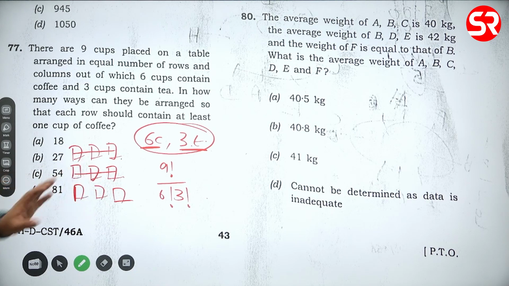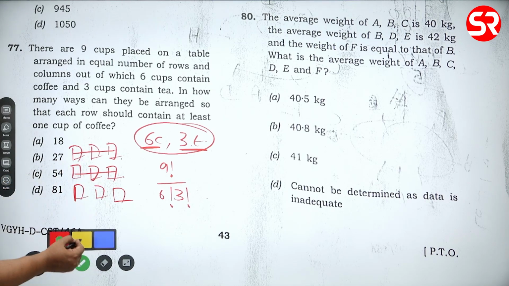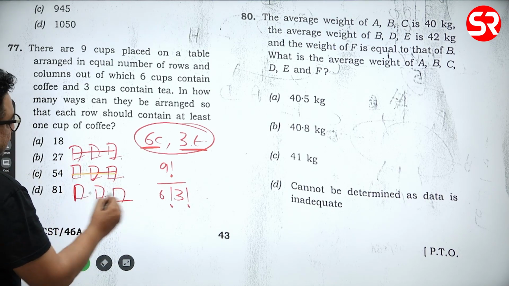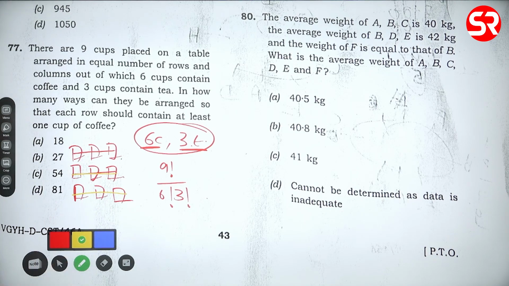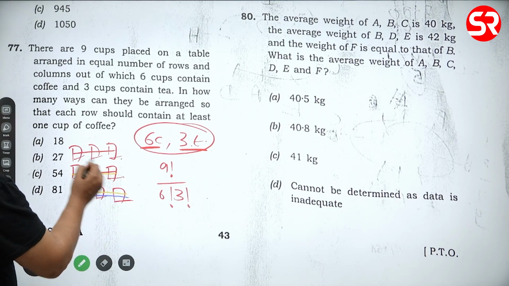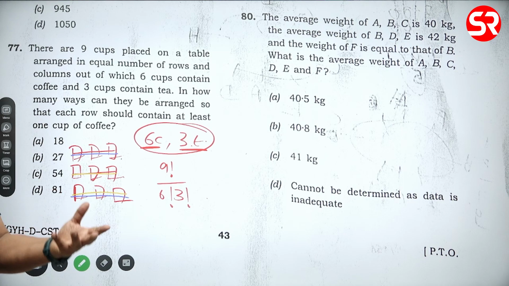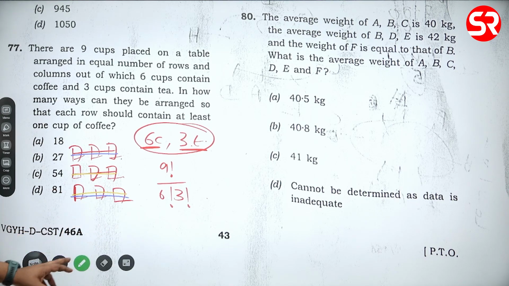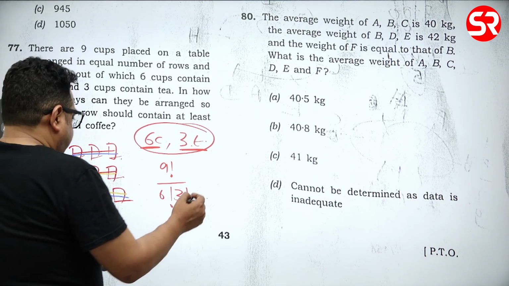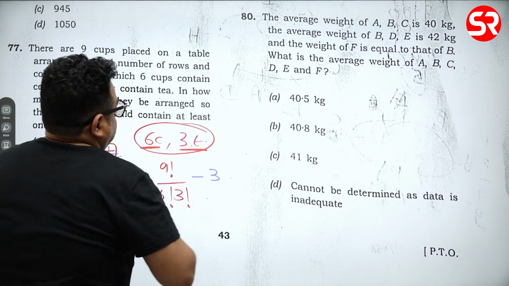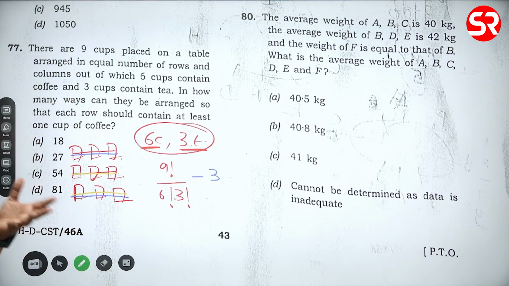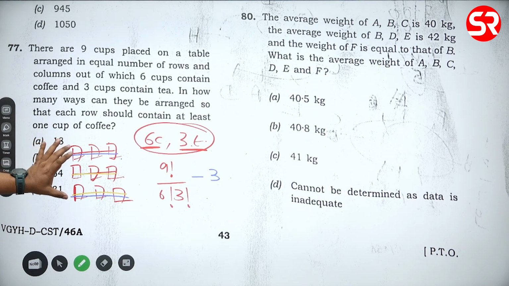That one way is not required. There is one way where 3 coffee mugs are here and 3 are here, not required. And there is one way when 3 coffee mugs are here and 3 are here. So there are 3 ways where you have to minus. So minus 3. These 3 ways, the coffee cups are actually either in 1 and 2 or 1 and 3 or 2 and 3. Those 3 ways are to be minus.